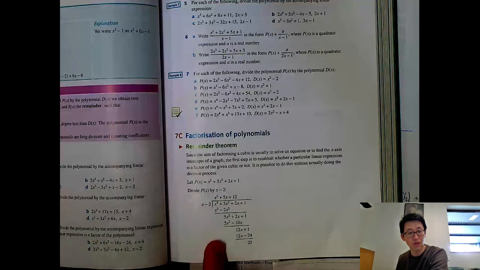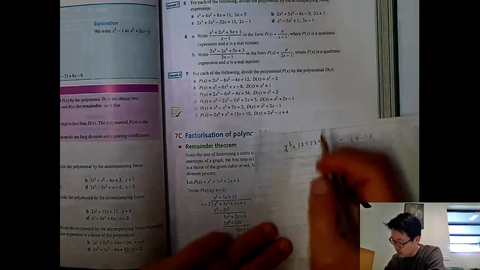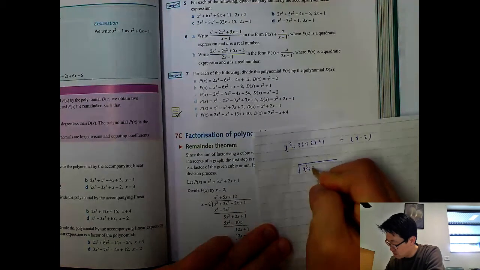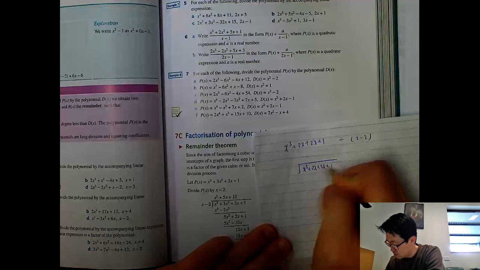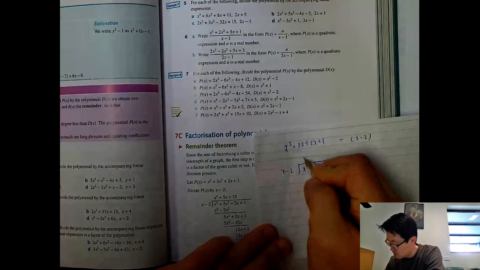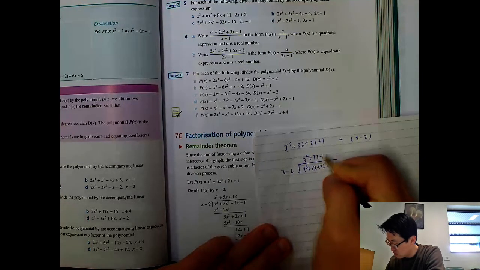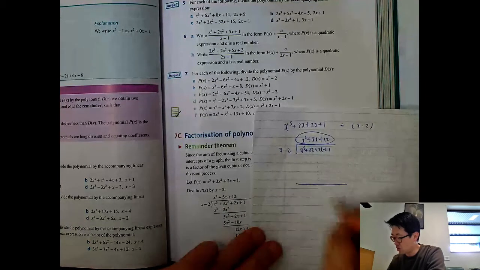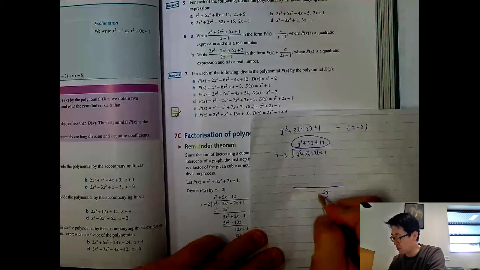Check your long division skill. When you do it, we'll eventually have the quotient, and the remainder is going to be 25.